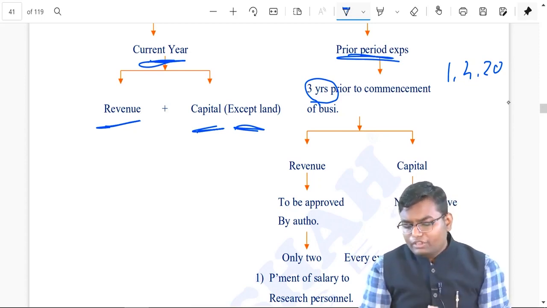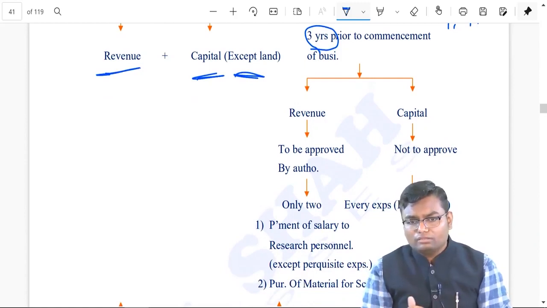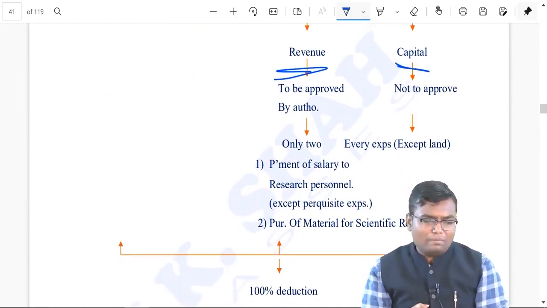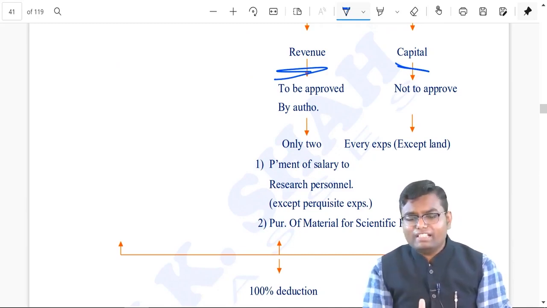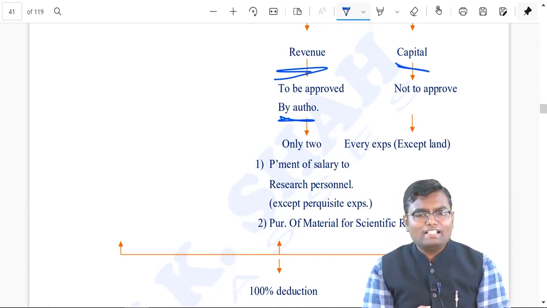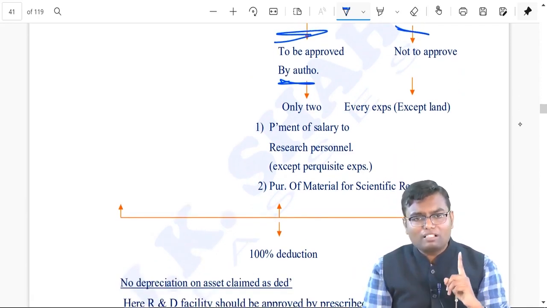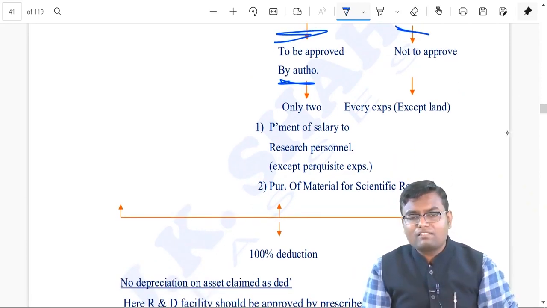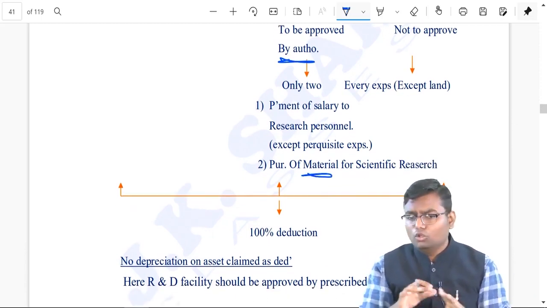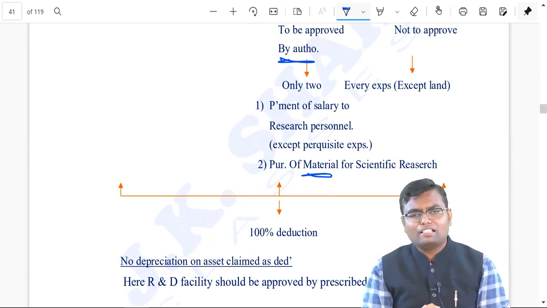But from that, you see which kind of expense you are doing, revenue or capital. If it is revenue in nature, please first get it approved by the income tax authority. And only two types of expenditure you can get deduction for. Number one, salary to personnel who is doing research, except perquisite. And number two, the material which is used for scientific research. No other prior period revenue expense is allowed.